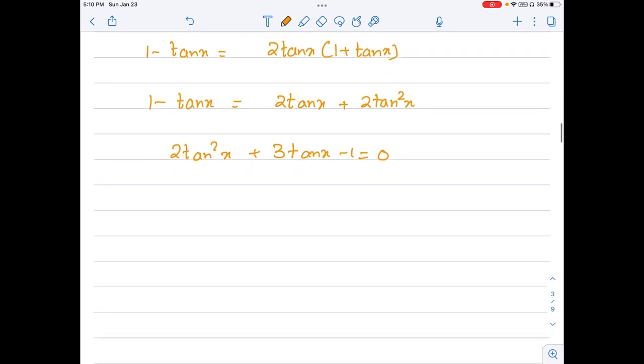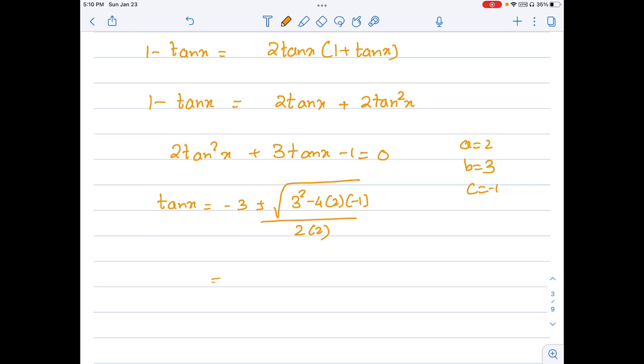So this is a quadratic. A is equal to 2, B is equal to 3, C is equal to negative 1. So tan x is equal to minus B plus or minus square root of B square minus 4AC upon 2A. So it becomes minus 3 plus or minus square root of 9 plus 8 upon 4.